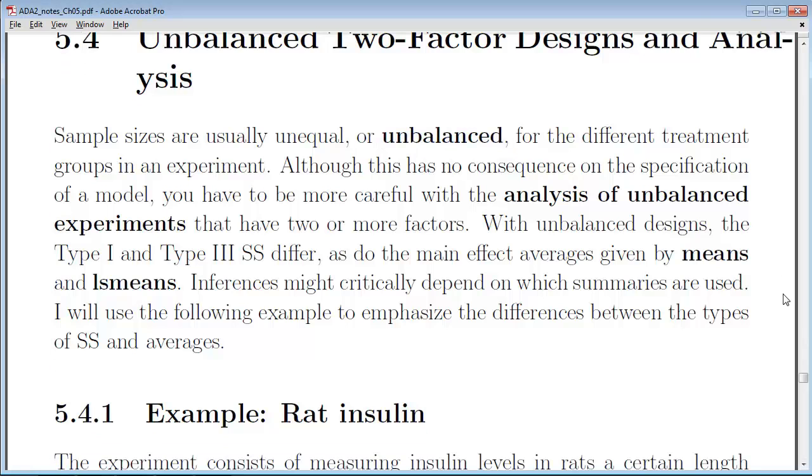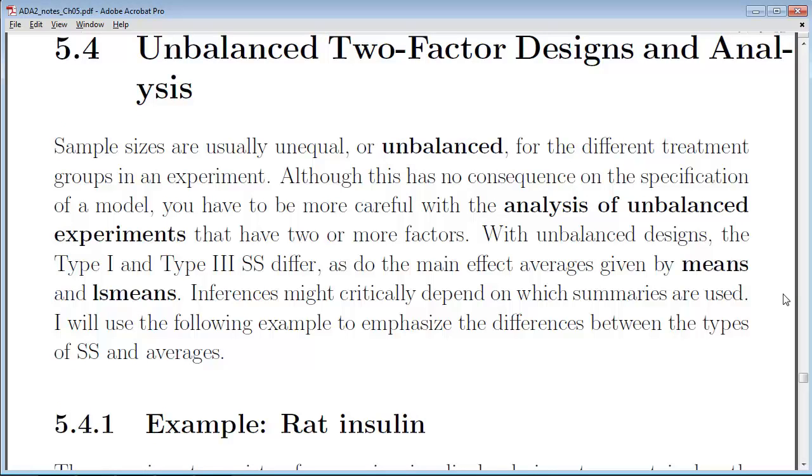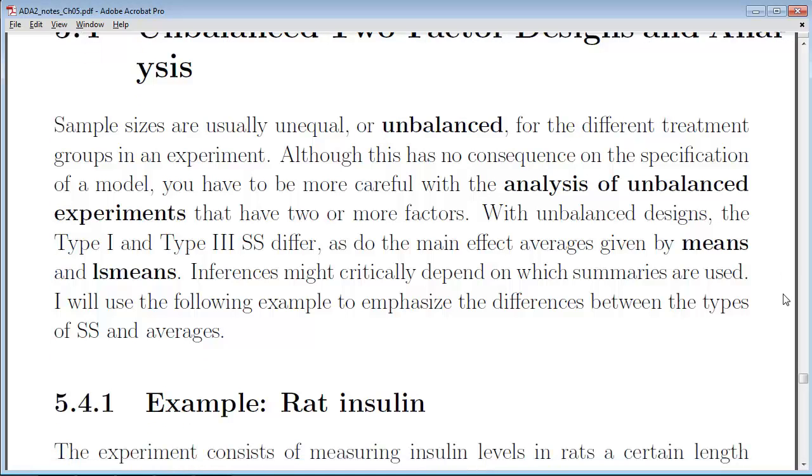So there are lots of reasons to have an unbalanced design, and with unbalanced designs, we're going to have types 1 and 3 sums of squares, which we'll discuss in a moment. Those will differ, as will the averages or the estimates of the effects. The punchline to all this is: always use type 3 sums of squares with LS means, because that will give you the correct comparisons that you want.